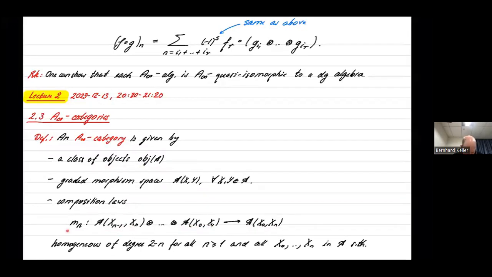And these, as in the case of algebras, are homogeneous of degree 2 minus n, defined for n greater or equal to 1.